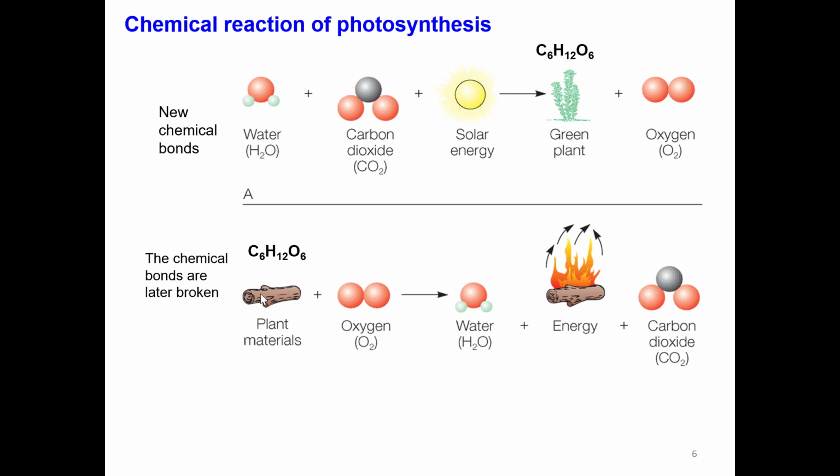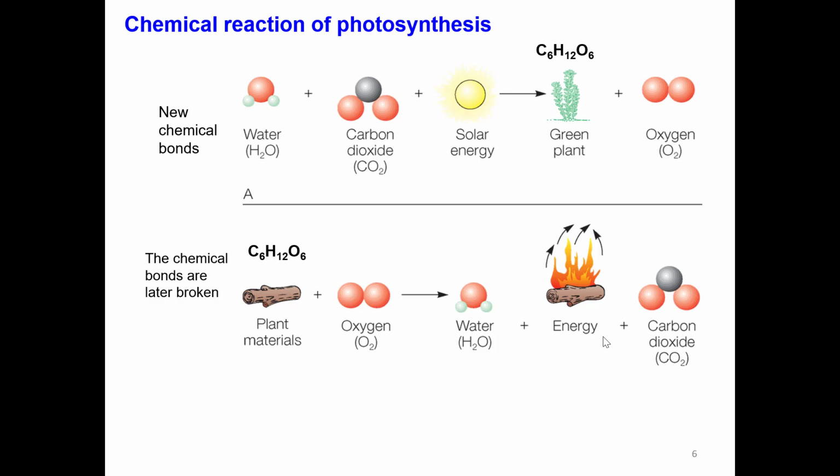The reverse chemical reaction can also happen. If plant material reacts with oxygen, they produce water plus energy plus carbon dioxide. For example, if wood burns, it produces water, energy, and carbon dioxide.